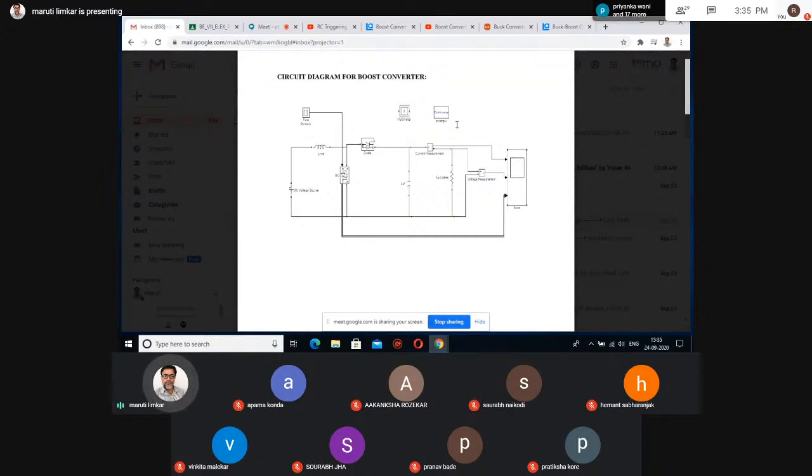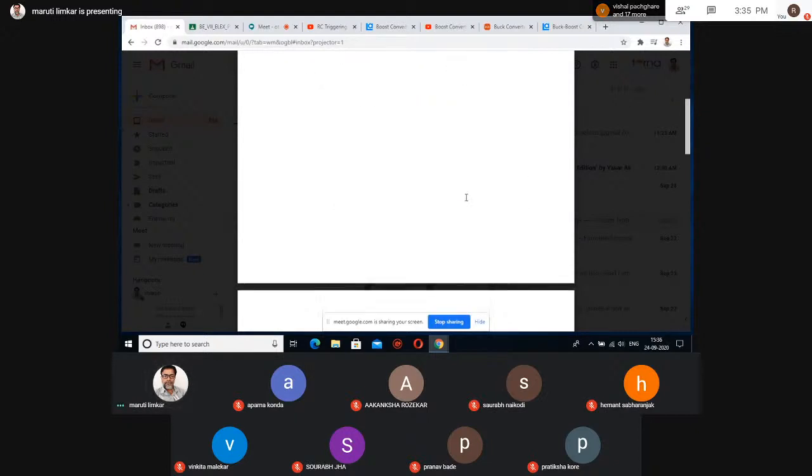And this is a multimeter. Multimeter means there is a current measurement as well as a voltage measurement. And this is a pulse generator to operate the on and off of the semiconductor switch. Then you can run this, and you will get the output.